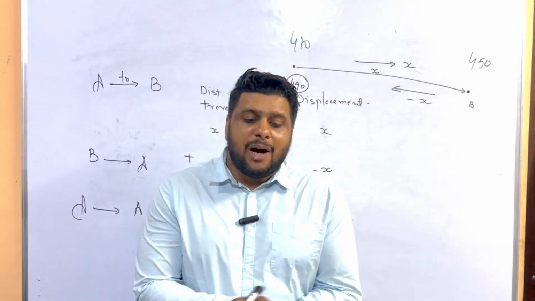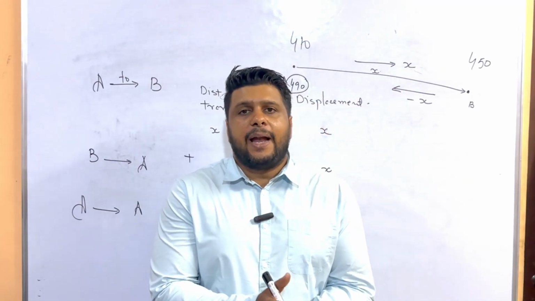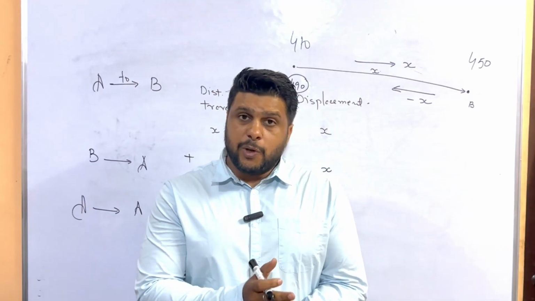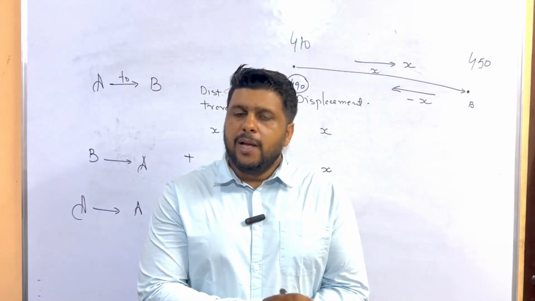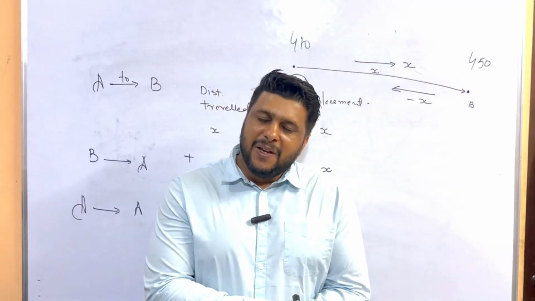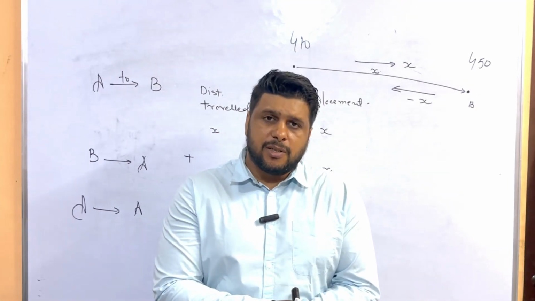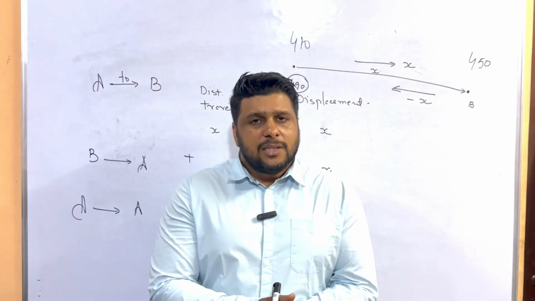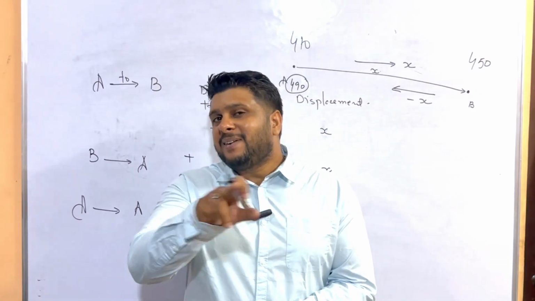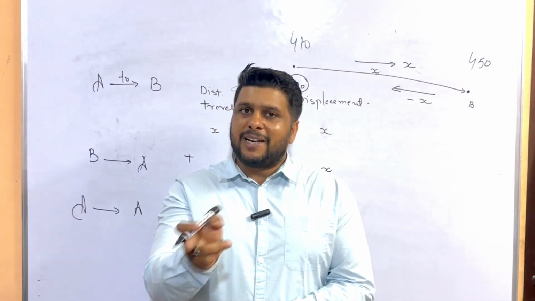Now when we talk about displacement, we have to think about the initial and the final position. Initially I was at A, and finally I am again at A. So you will directly say that it is 0, because my position has not changed with respect to time, but I have traveled a distance. That comes under distance.